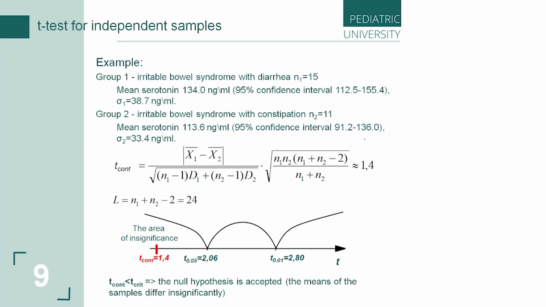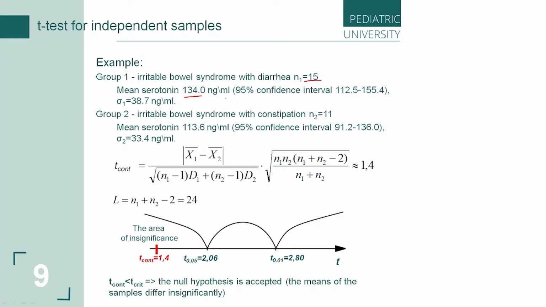So we have two small groups, and the sample of patients with irritable bowel syndrome in which diarrhea appears is 15 people. They also have a mean serotonin count, 134.0 nanogram per milliliter.